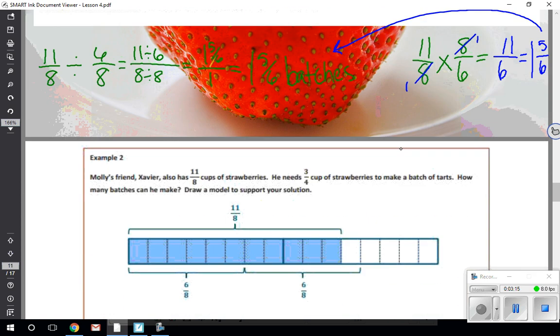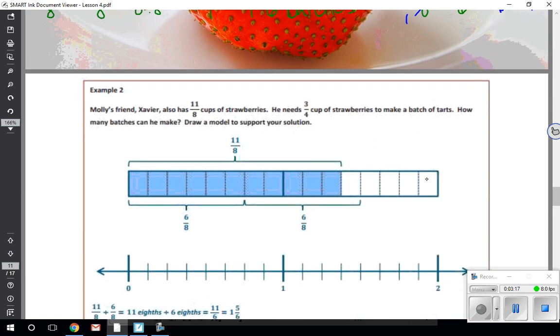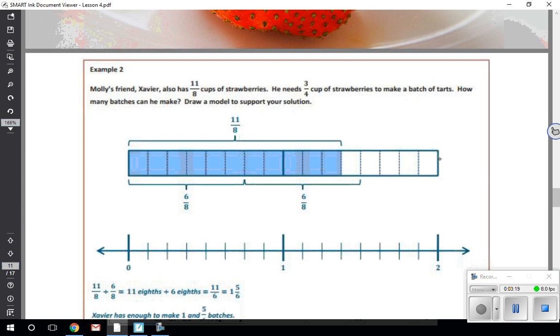To show again what that would look like in a model, I can set up a model to draw out 11/8, which is right there in blue. So out of 11/8, when we're trying to pull out 3/4, and we've already renamed it 6/8, it's equivalent. When I go through, I can find right here is 1 set of 6/8.